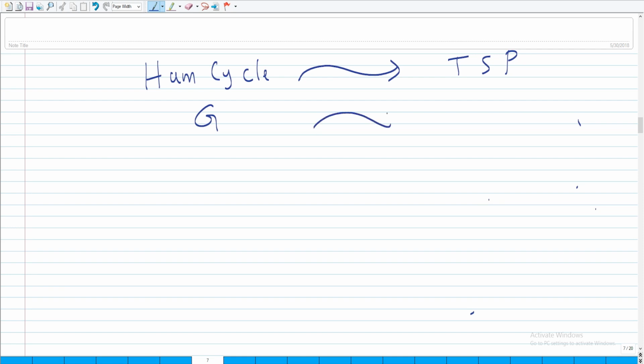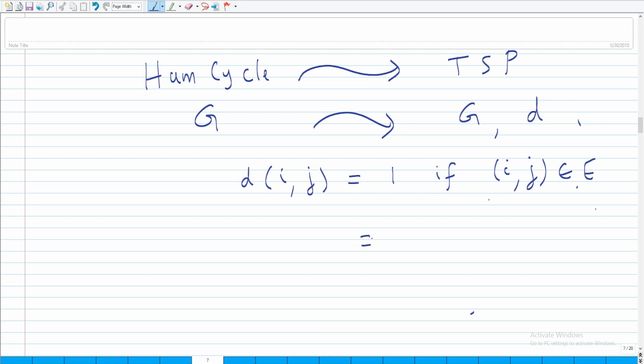So, I will use G and my d_ij will be defined as 1 if ij is an edge, otherwise 2, which is what we used in the earlier reduction, and said that G has a Hamiltonian cycle if and only if there is a TSP tour of distance at most n, right.